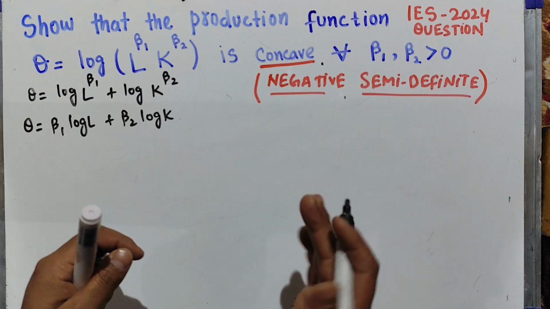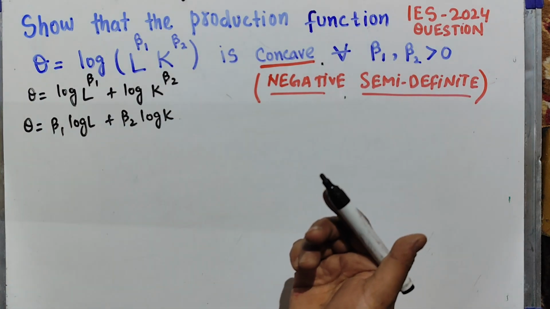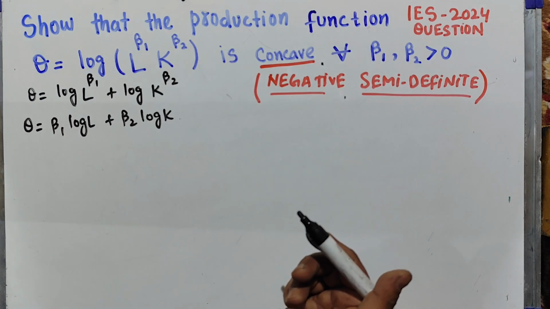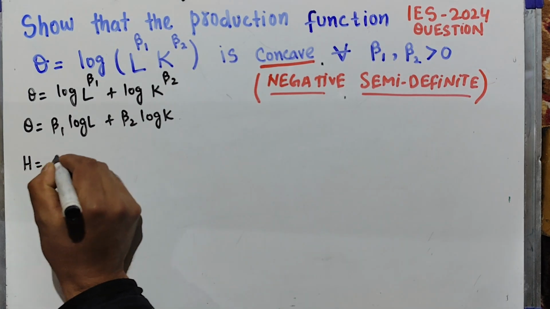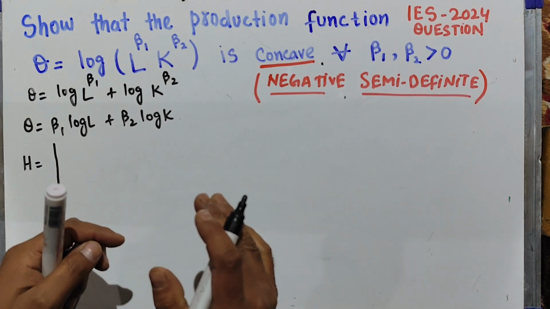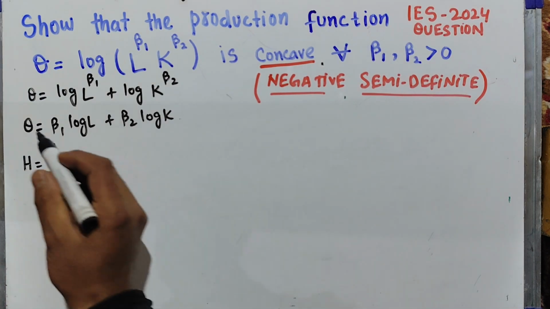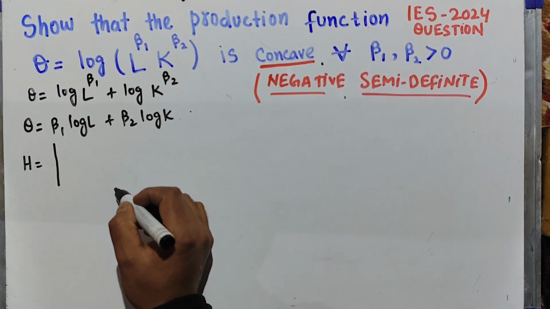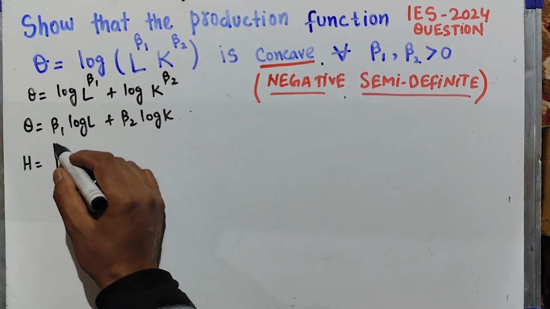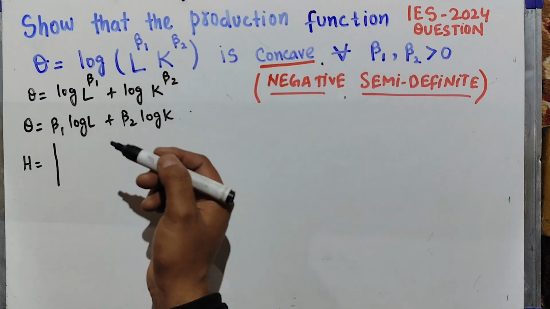I have made n number of videos on the Hessian matrix. So what is Hessian matrix? Hessian matrix is a matrix which is composed of the second order partial derivatives of the production function with second order direct partials on the principal diagonal and second order cross partials on non-principal diagonal.